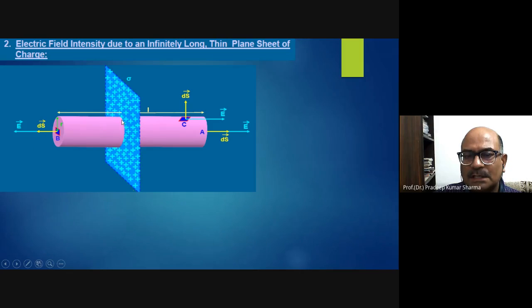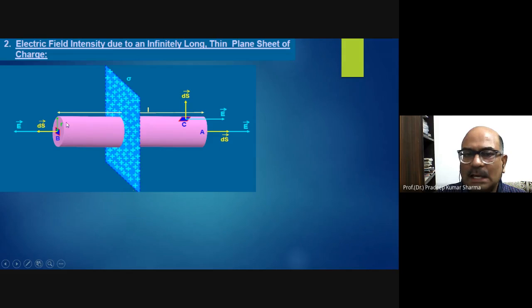So you can see again it is a cylinder, and a cylinder has three surfaces. When a cylinder is there with three surfaces, you have to see the directions of the surface and the electric field. For the positive charge, the electric field will be outward. The direction of the surface for the curved surface C is perpendicular to the direction of the electric field.